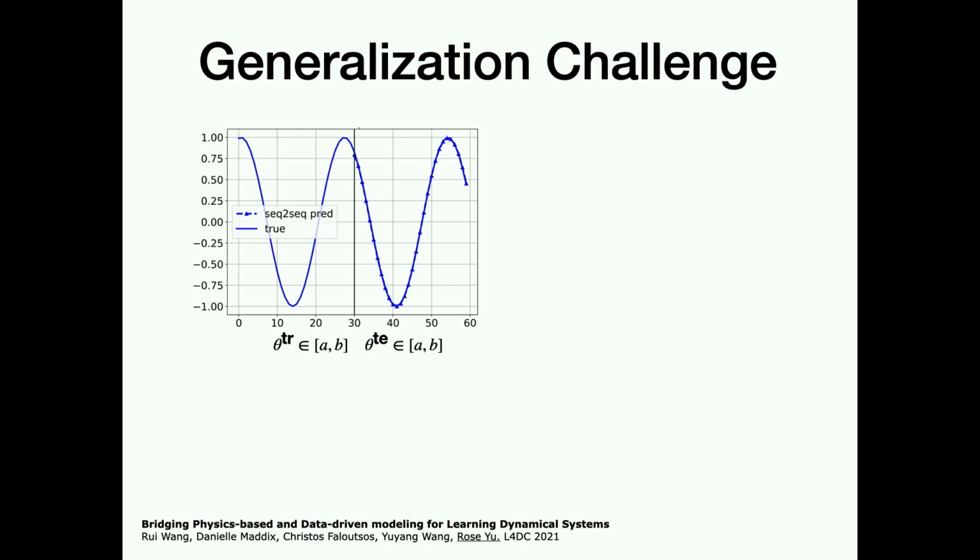We want to predict the future, the right-hand side of this vertical line. And then we want to test whether some deep learning models, let's say seq-to-seq models, or you can use transformers, can successfully predict the sine function. And it can, which is not surprising. It's a very simple task.